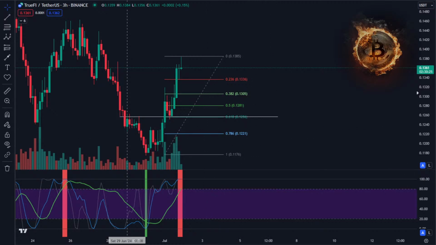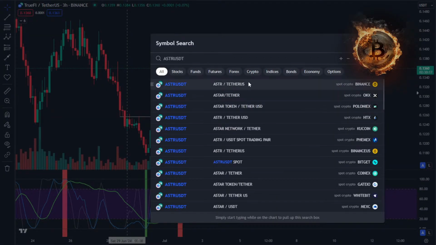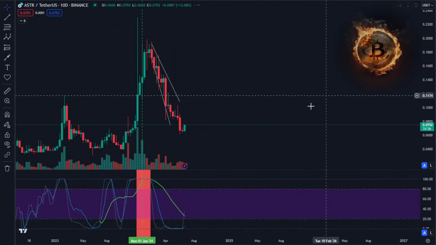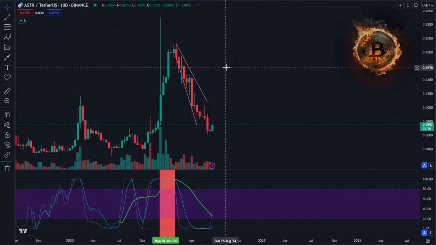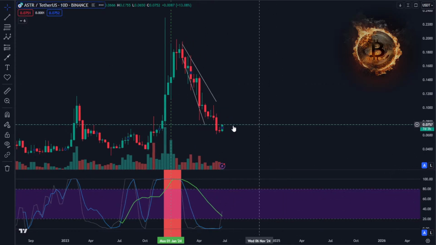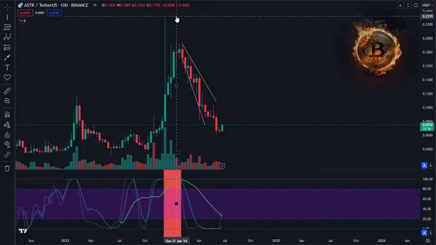And then moving on to ASTR. What you can see here when we start again by zooming out to the 10-day is that we had this sell-off, and now we are looking for two things.